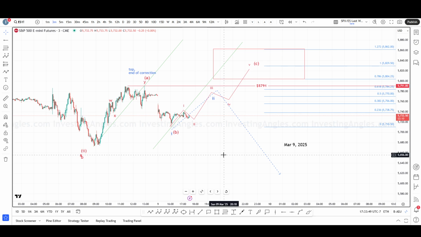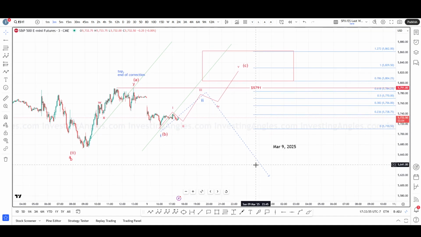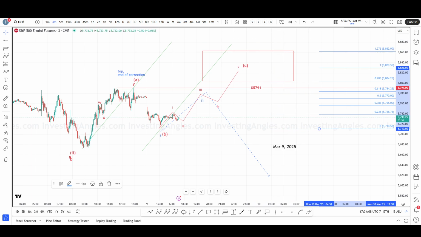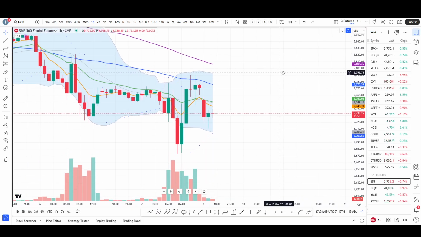We will get this once we have more information. And that's the perspective for the blue path. For the red path, we will be looking for this particular formation. And now let's assess what the candles are telling us. This would be an interesting story too.